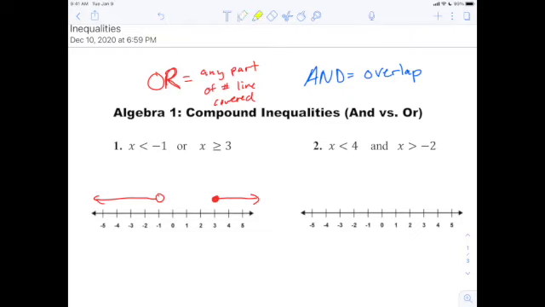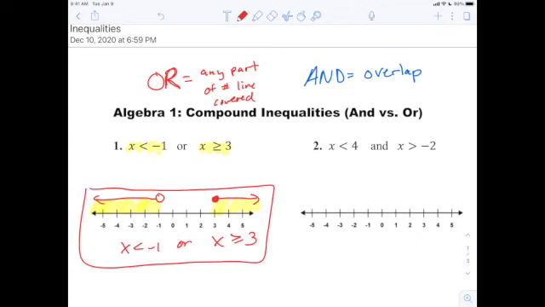Any part of the number line that's covered means all of these numbers are true for this inequality, and all of these numbers from here on out are true for this one. So these are all the numbers that will make this or that true. Basically, only the ones in the middle are not part of the solution. So there's your final answer, and it's already done for you, really. Nothing to write here other than rewriting that.